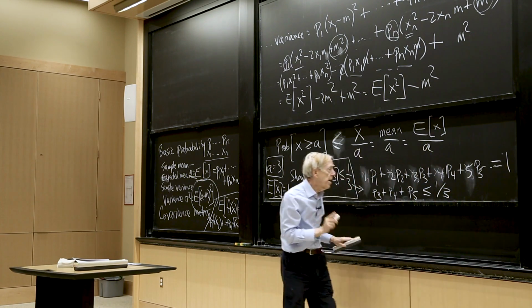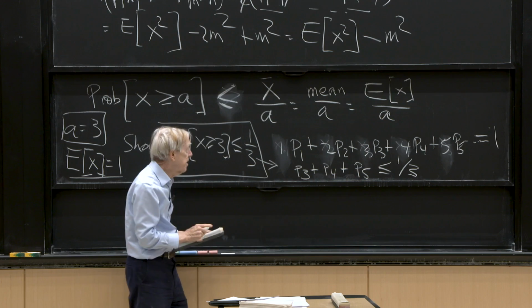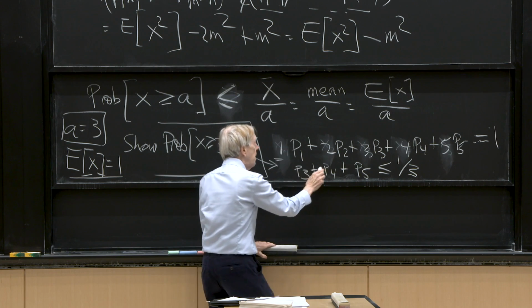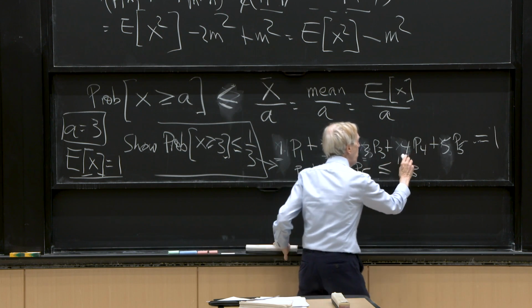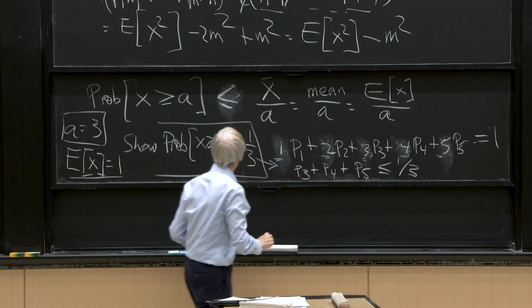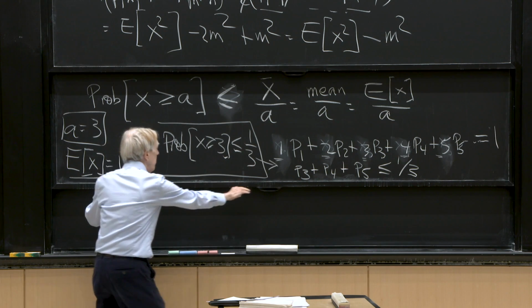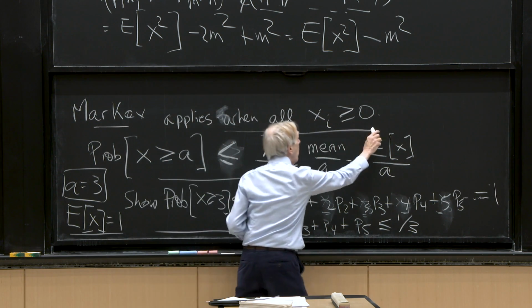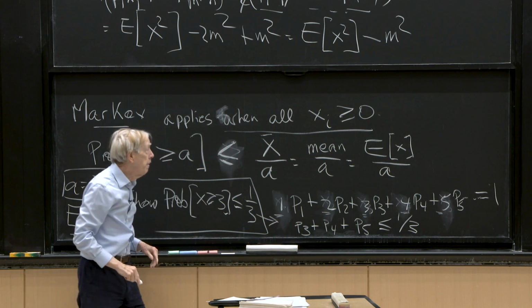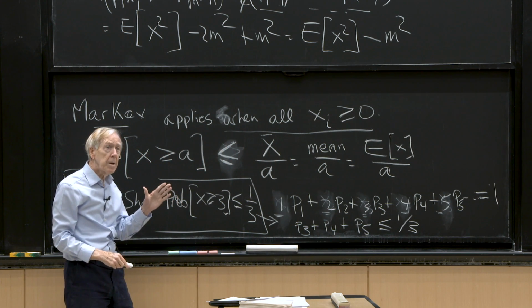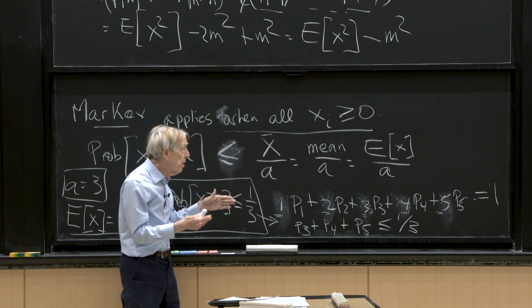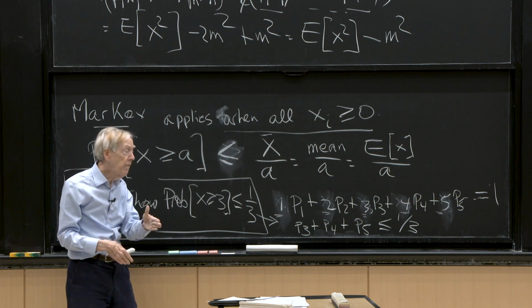So that satisfies my condition that the outputs, 1, 2, 3, 4, or 5, are all greater or equal 0. Markov only applies when they're all greater or equal 0. So I'm just imagining the special case where the possible outputs are 1, 2, 3, 4, 5.